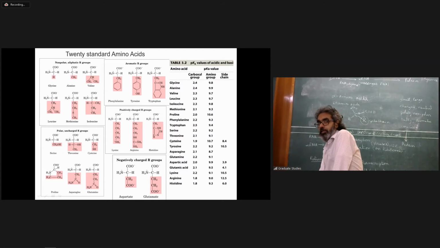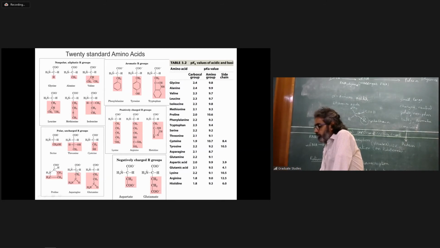So the pKa is given, so that you can see that depending on the physiological pH, the pH around that amino acid in the protein environment will dictate what its side chain state is going to be. Okay. Of course, a couple of interesting things.